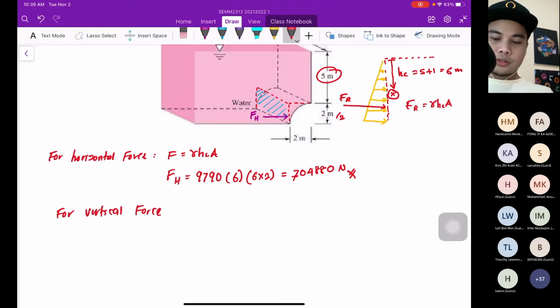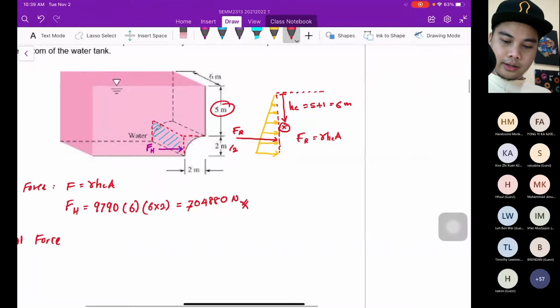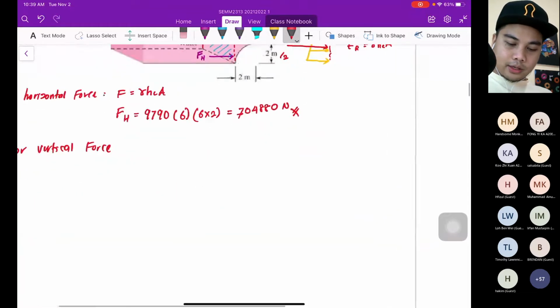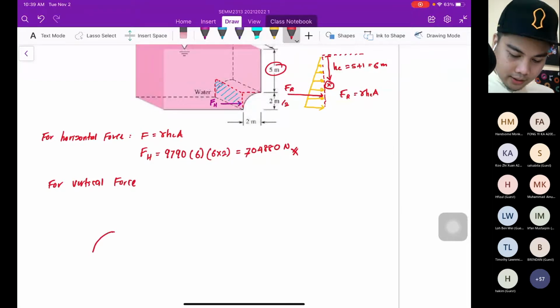Okay. So now, let's see. You can see now how to draw, yeah? Now we have the weight, just the weight of the block. That's it.